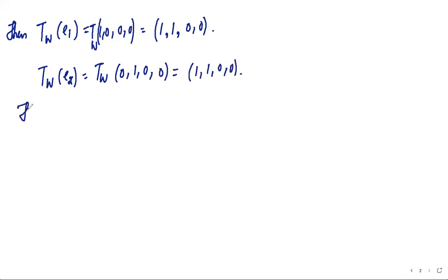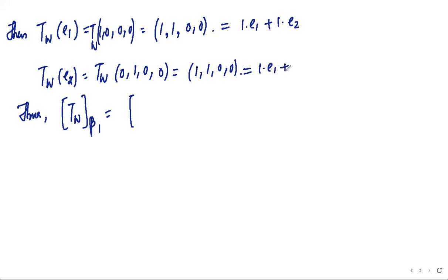So thus, the matrix of TW related to the basis beta 1 is found as follows. This is 1 times E1 plus 1 times E2, and also 1 times E1 plus 1 times E2. Therefore the matrix of TW is 1, 1, 1, 1.